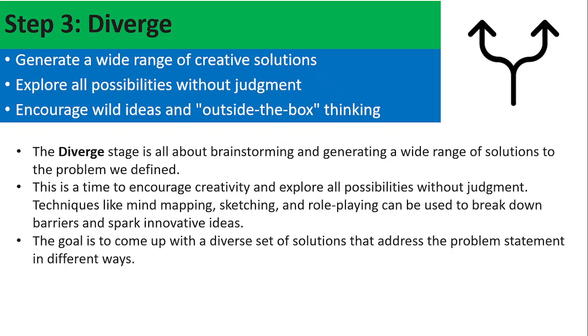The goal is to come up with a diverse set of solutions that address the problem statement in different ways. So you allow time for students to give different solutions, because every student has a different perspective. You consider all the solutions in the brainstorming session.